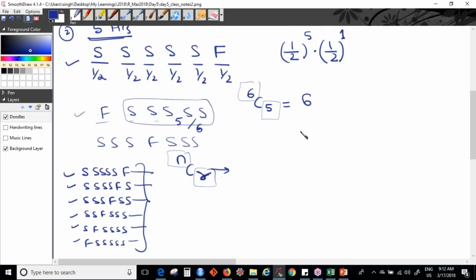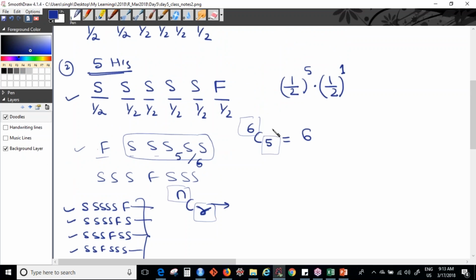So on similar lines, I got 6C5. So what I will do, I will multiply this number by 6C5, because for one way of arranging, the probability is 1 by 2 to the power 5 into 1 by 2 to the power 1. Now this again I can do in 6C5 ways.